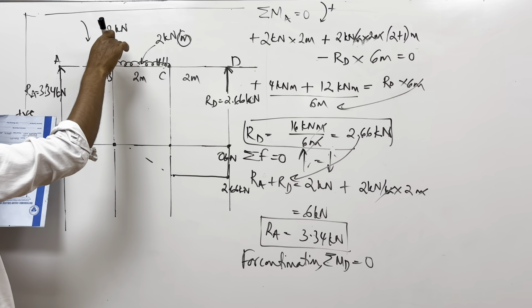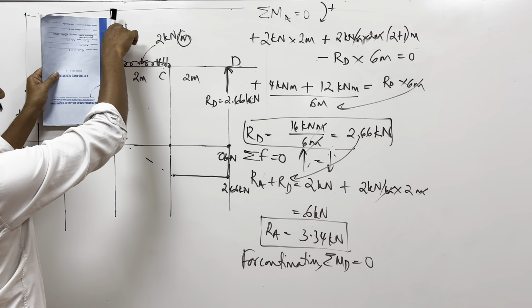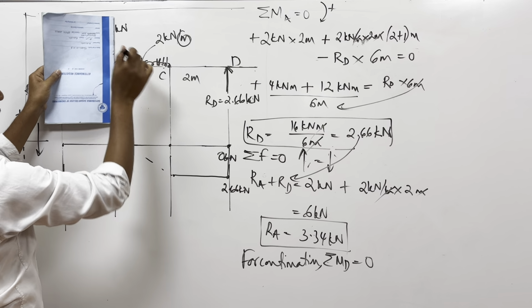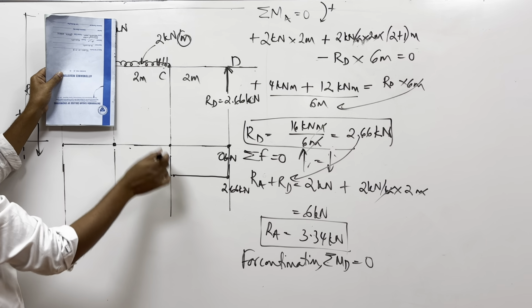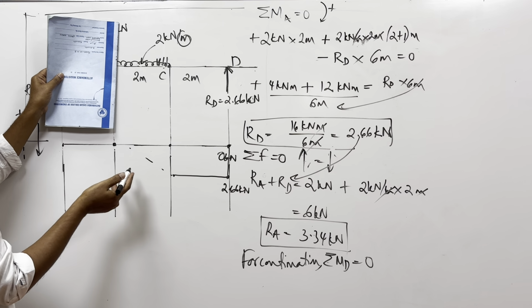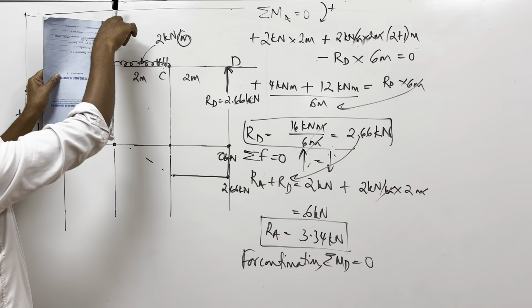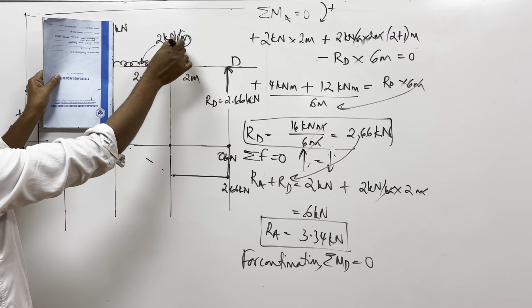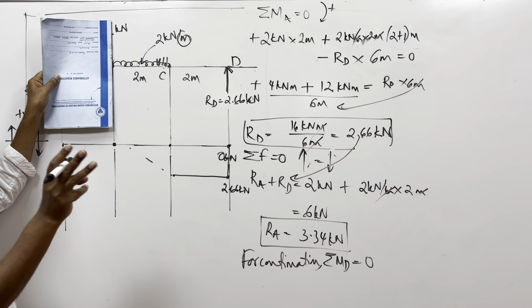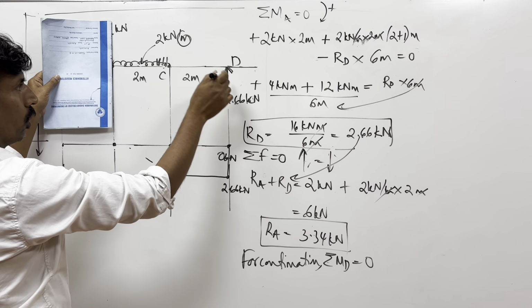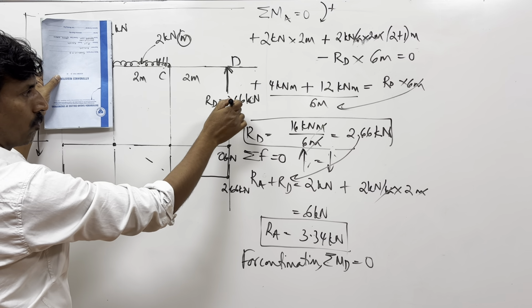But how much? We can know only when we reach here. As I move the section here, there will be more and more UDL acting, which may bring this force upwards. So I have to calculate here: 2 kilonewton for every meter over 2 meters. How much is it? 4. 4 kilonewton minus how much?